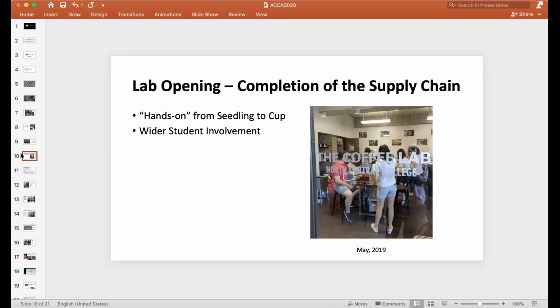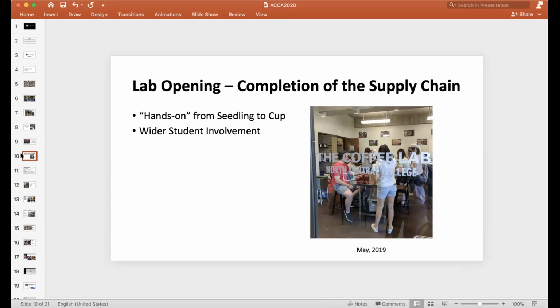Okay, with the opening of the lab, what happened is that we really brought something physical to campus with this project, and this is where we're getting the hands-on portion, and it brings an excitement with students.